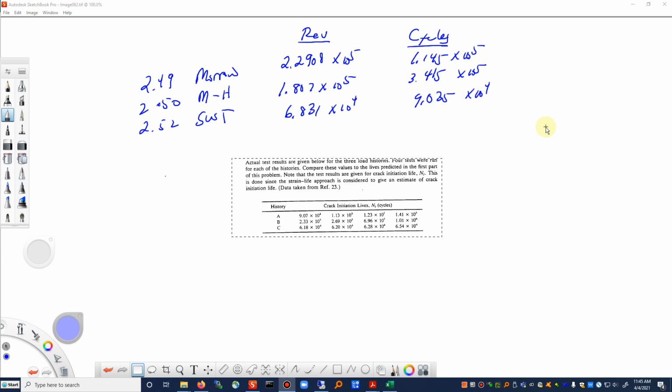All right, so I've summarized the results, and so we can kind of take a look at them. So I've written down the reversals and the number of cycles to failure, and this is for history A. I do need to point that out.